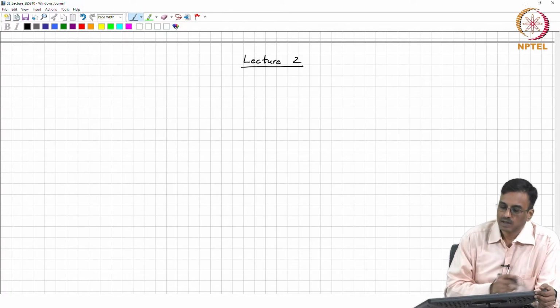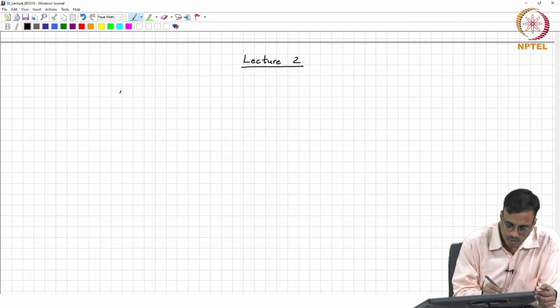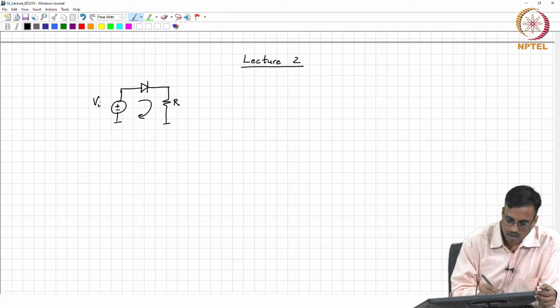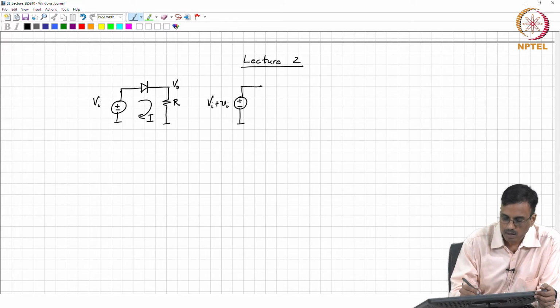Now, we saw that for a simple diode network, and what we concluded was that if this was capital V1 or Vi, and this was our network, this was some R, and this was Vo, and if this was I, then when we changed the excitation to Vi plus small vi, the resulting output voltage would be Vo plus small vo, and likewise the current would be I plus small i.